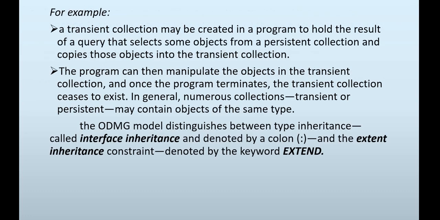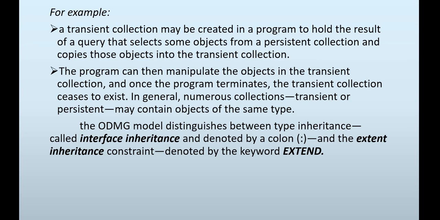For example, a transient collection may be created in a program to hold the result of a query that selects some objects from a persistent collection and copies those objects into a transient collection. The program can then manipulate the objects in the transient collection, and once the program terminates, the transient collection ceases to exist.